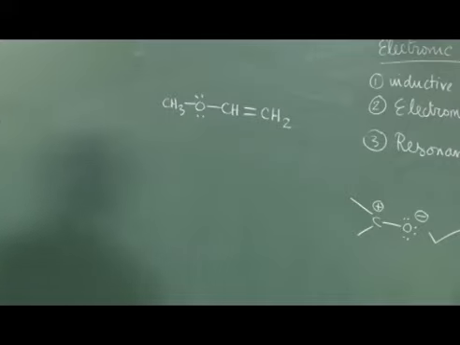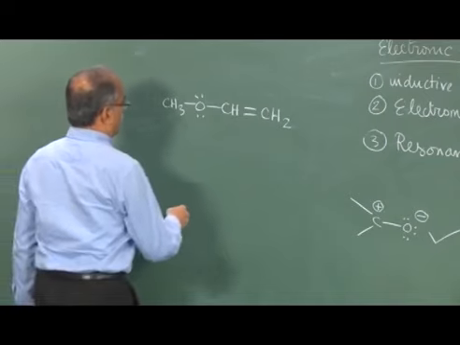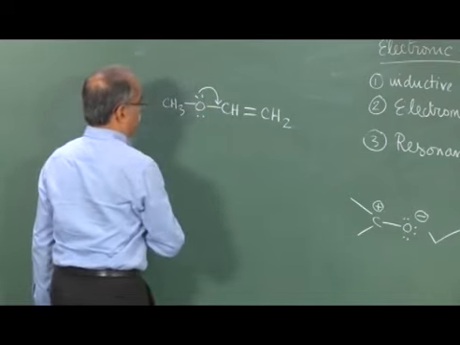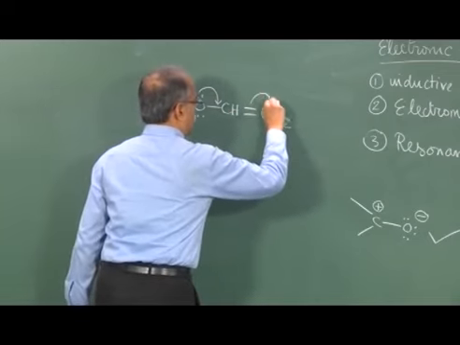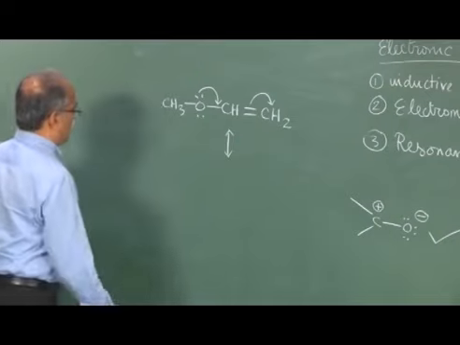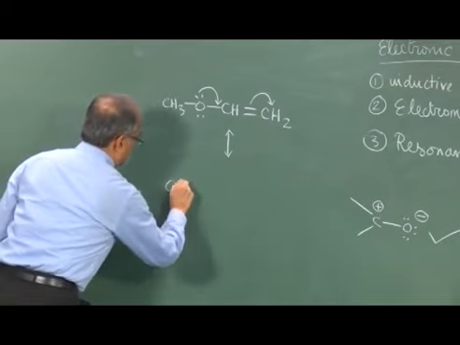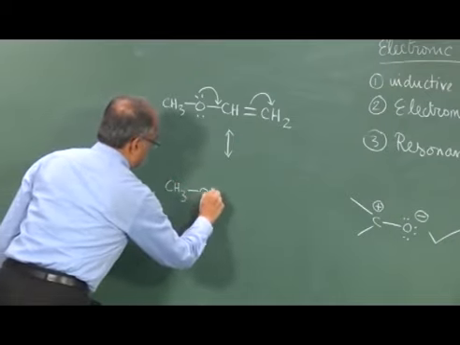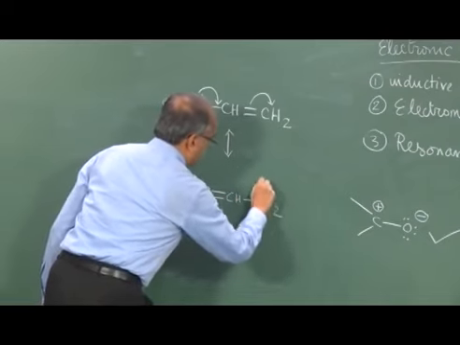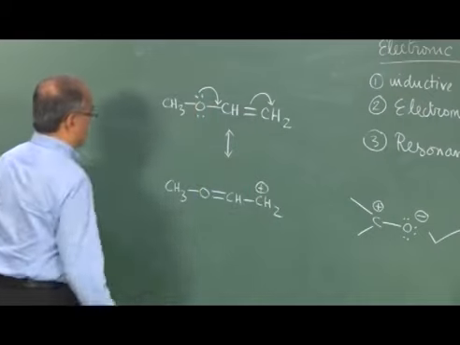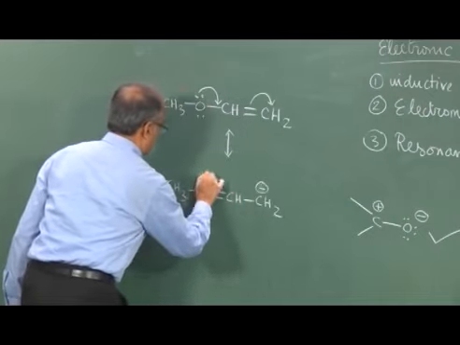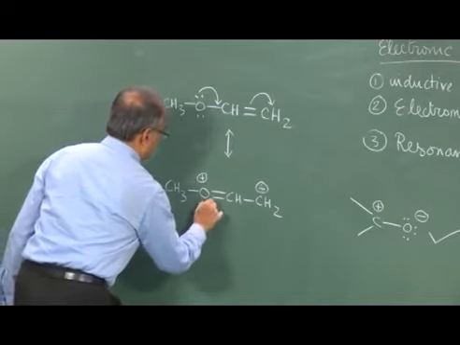If one were to write the resonance structure of this particular compound, one would simply take the lone pair of electrons from the oxygen and push it onto the carbon here. Remember, the resonance effect here indicates that the lone pair on the oxygen can be donated. This is a negatively charged and this is a positively charged system.